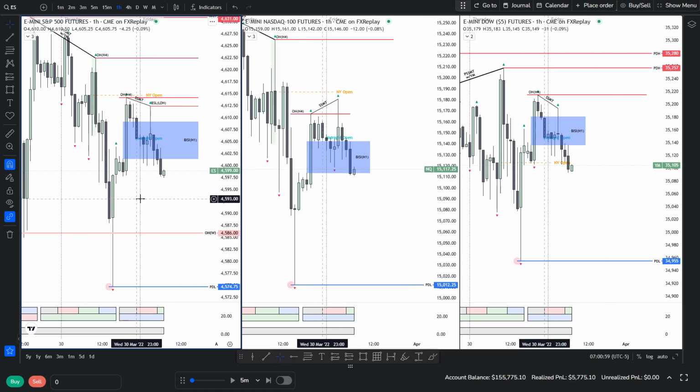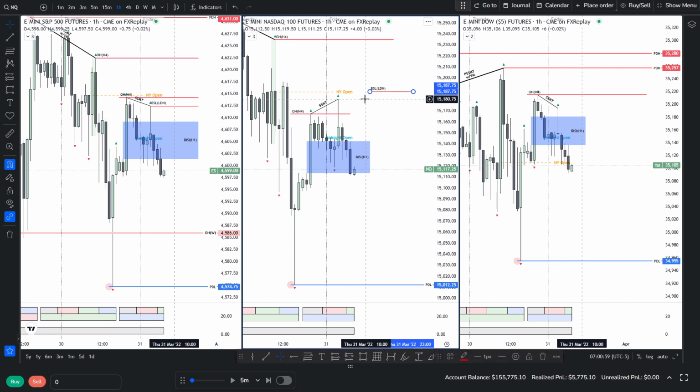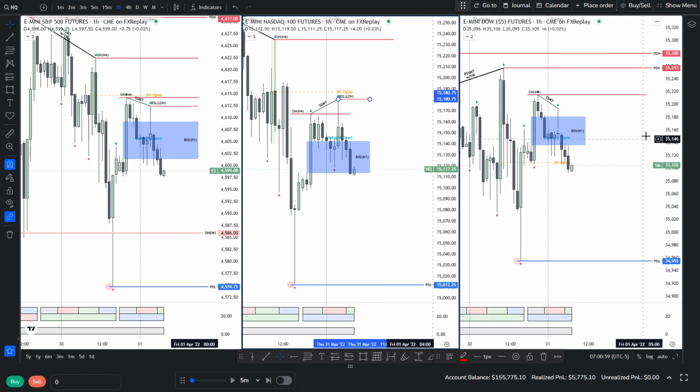Okay. Maybe, you know, we've got the London low in here, but to be fair, all of them have purged that level, so I'm not necessarily too focused on that. It's not massively important. It probably supports the idea of further lower prices, if I'm honest.